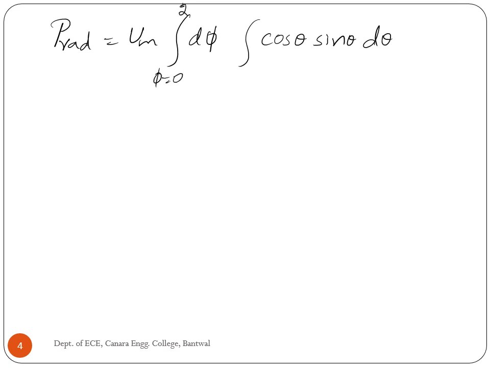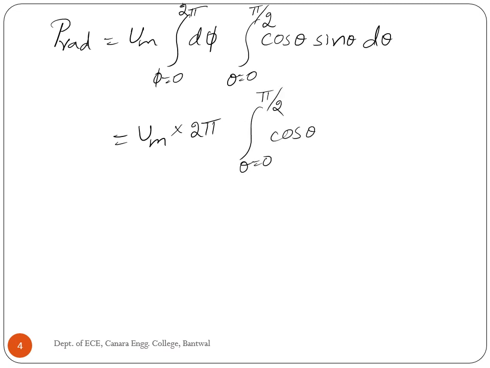Radiated power is equal to Um integral of d phi, integral of cos theta sin theta d theta, phi from 0 to 2 pi, theta from 0 to pi by 2. Therefore radiated power is Um into 2 pi, integral of cos theta sin theta d theta.